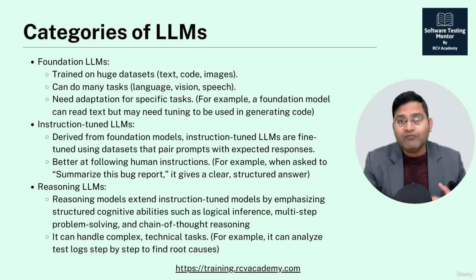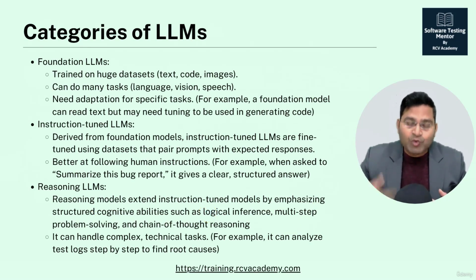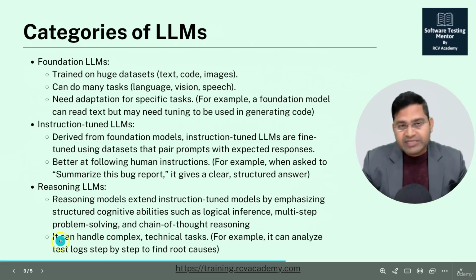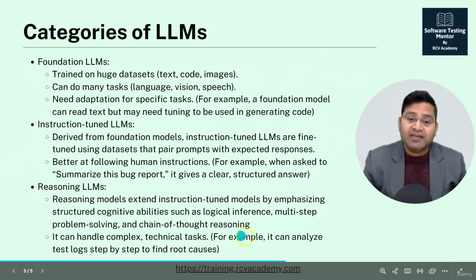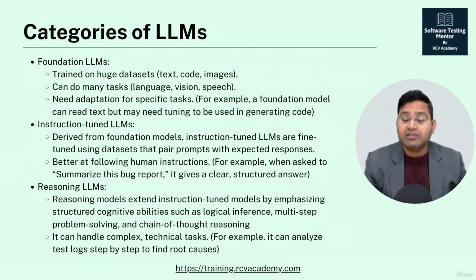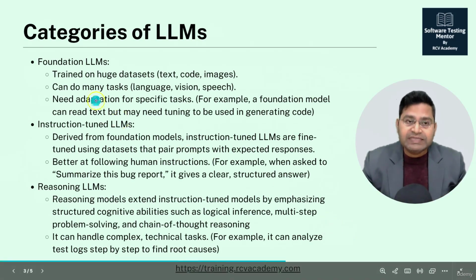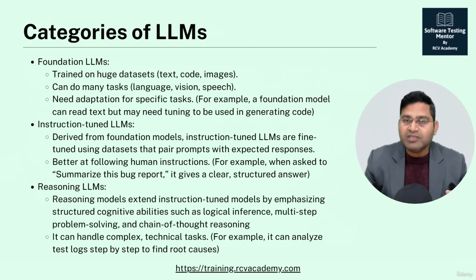When you retrain the model to have reasoning capability, that is a reasoning LLM. Reasoning LLMs can handle complex technical tasks. For example, they can analyze test logs and suggest code. So reasoning LLM is the stage which comes after the instruction tuned stage.